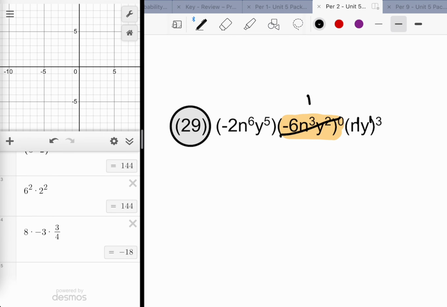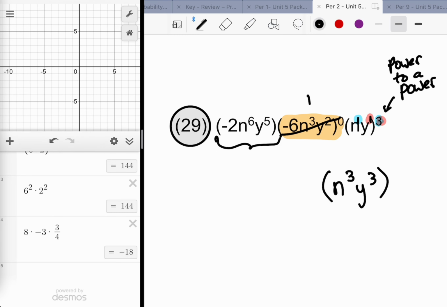Power to a power. So we multiply the exponents. So the 1 gets multiplied by the 3. The other one gets multiplied by the 3. So n to the third, y to the third.